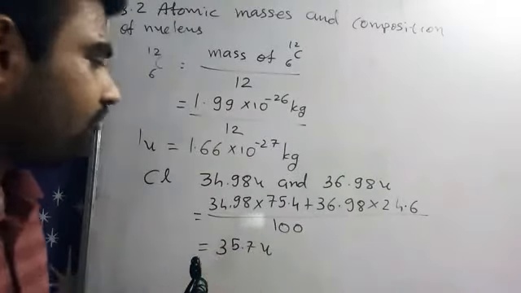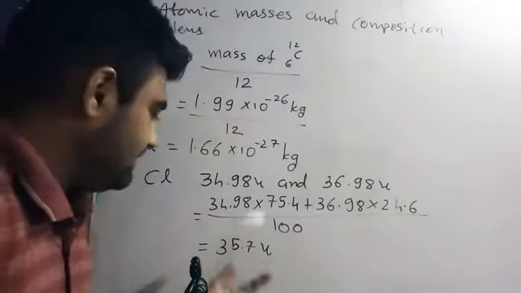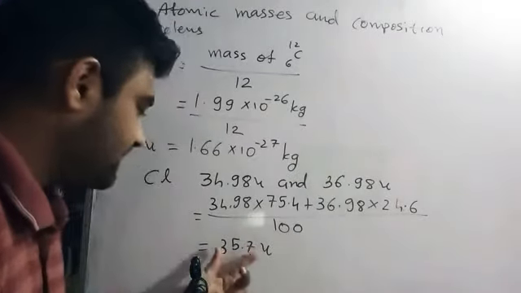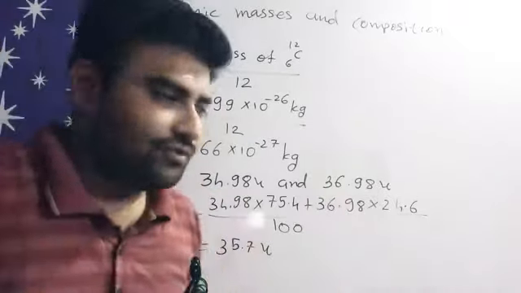We can call this value the average mass of chlorine. So it is 35.7 AMU.